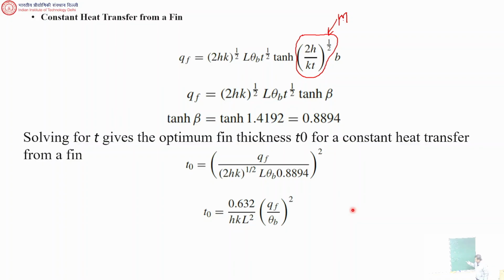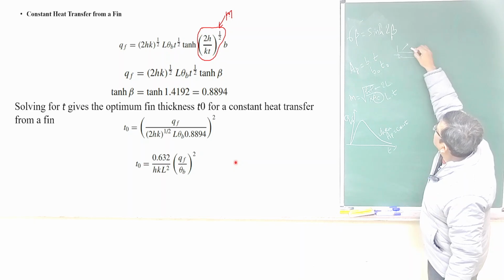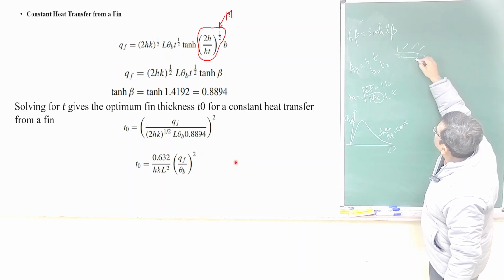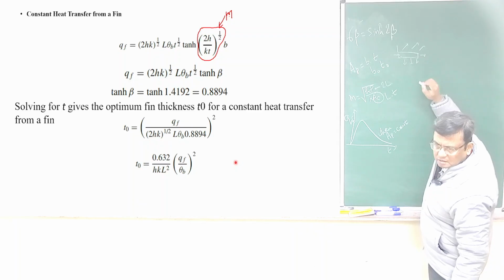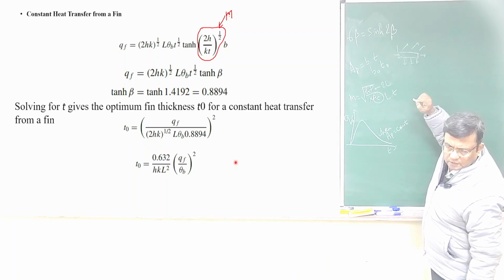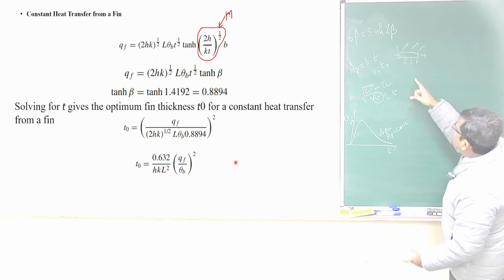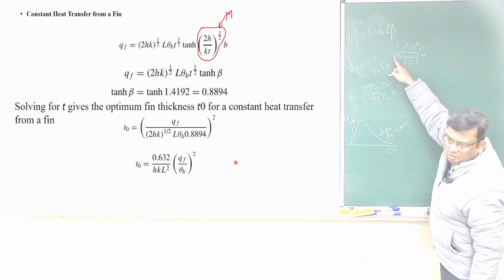If you take any fin, there is a certain amount of heat which is going from the base, right? And that gets dissipated by these surfaces, right? So this is a constant number anyway. If you have a fin, this is a constant number anyway.